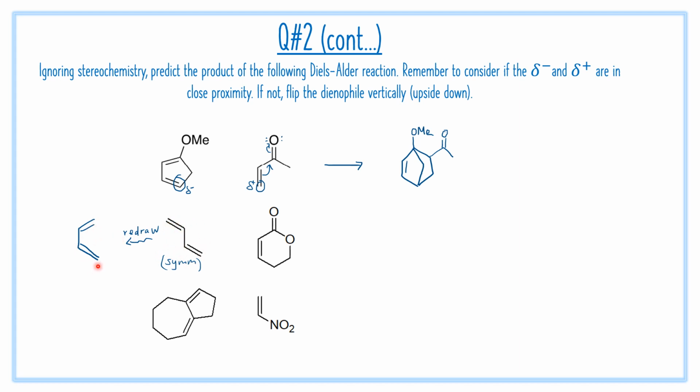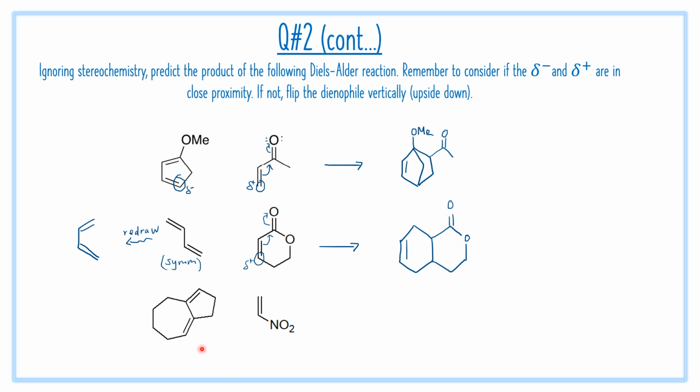So we redraw it to a cis formation. And for the dienophile, the partial positive charge when you draw the resonance structure is going to be located on this carbon over here. This makes the product look like this.